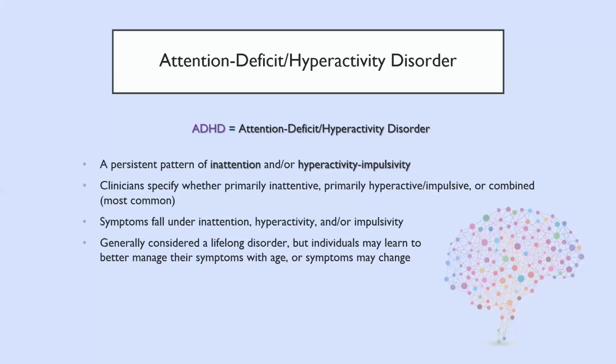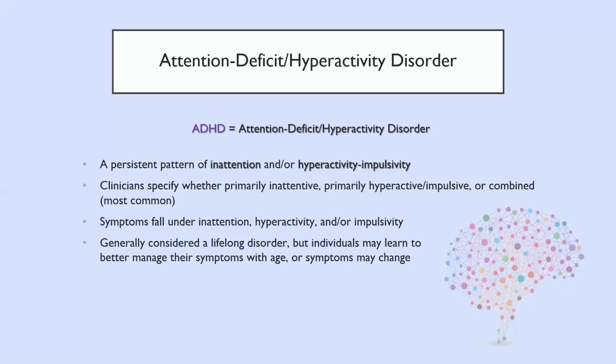Symptoms fall under those three different headings. This is generally considered a lifelong disorder. Those neurodevelopmental disorders are more biologically based, so they're not necessarily caused by an event or something in the environment. They're more likely to be caused by some sort of brain abnormality.